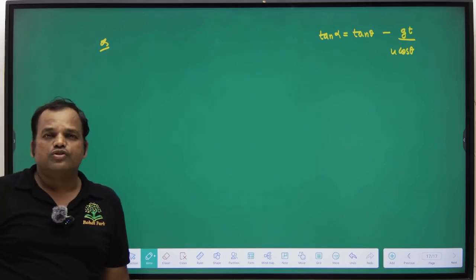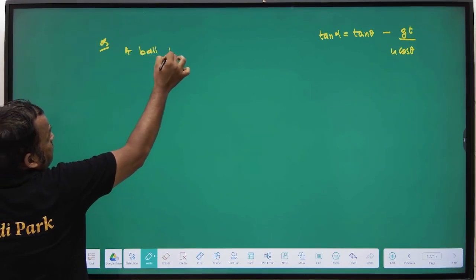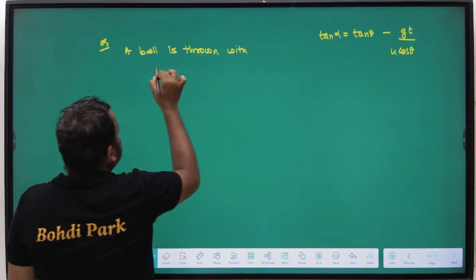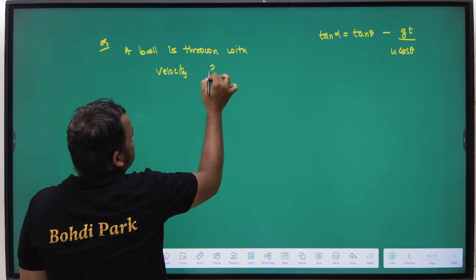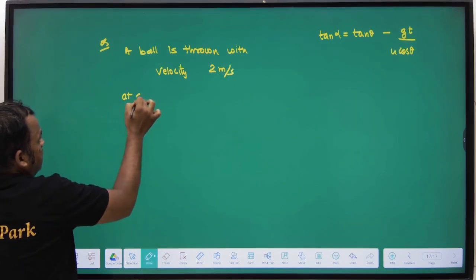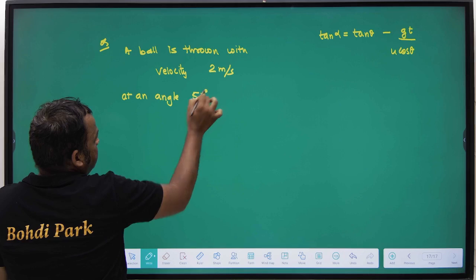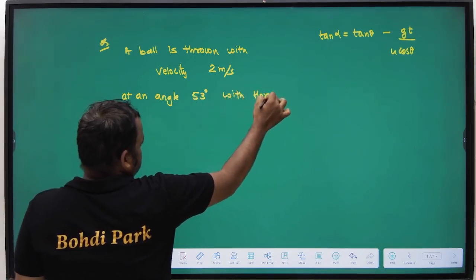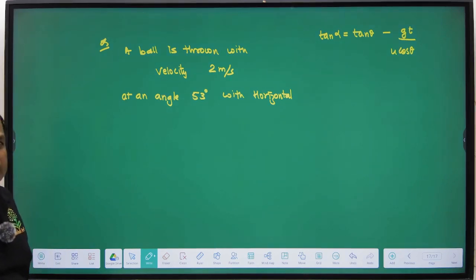Now the question based on this formula is, a ball is thrown with velocity 2 meter per second at an angle 53 degree with horizontal, means the angle of projection is 53 degree.